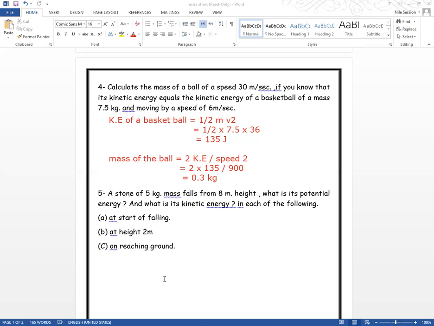So first, we need to calculate the weight. Weight equals mass times acceleration of gravity, so 5 times 10. So the weight equals 50 Newton.